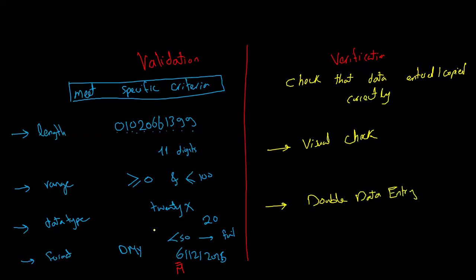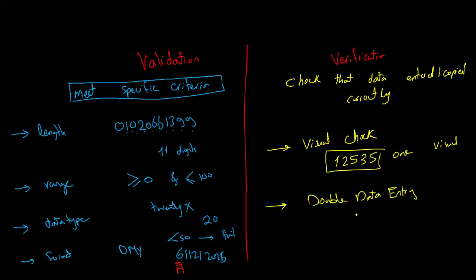For example, when you want to shop online, it will send you an OTP or verification code on your mobile phone. The verification code which you receive on your mobile phone, you will input it one time, and you will check it visually. You will look at your mobile phone screen and you will input the OTP.